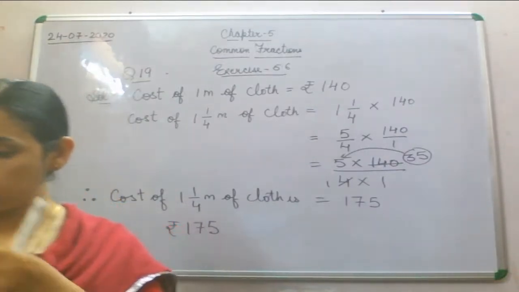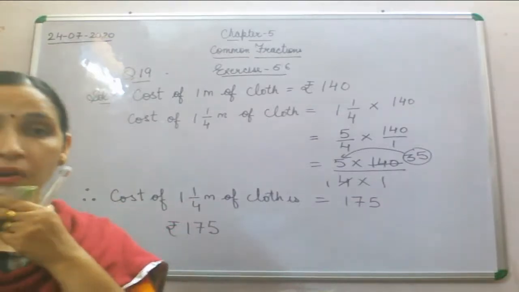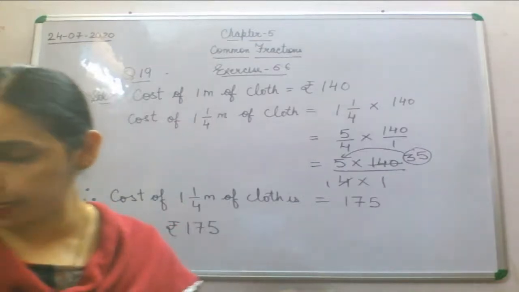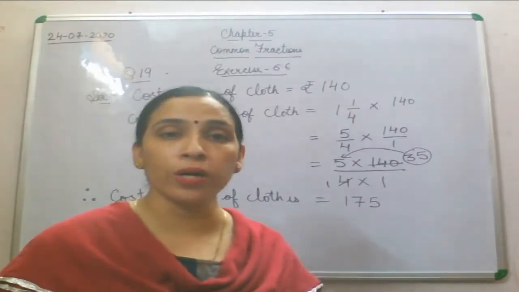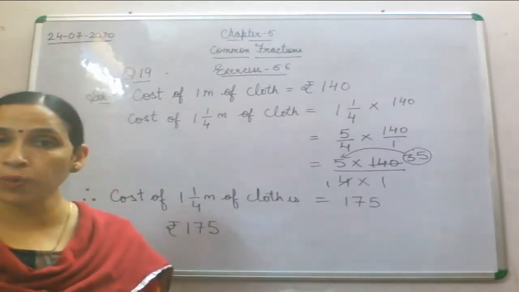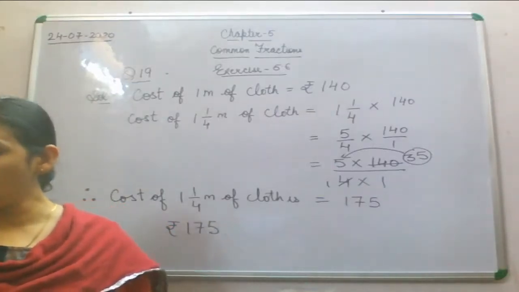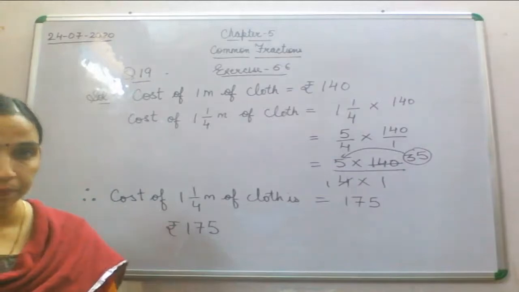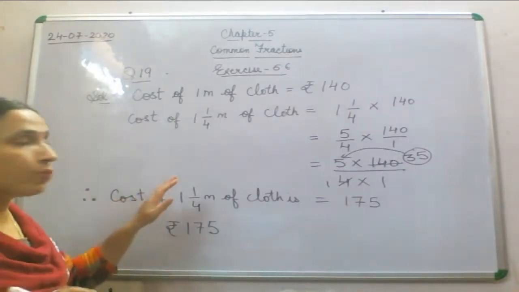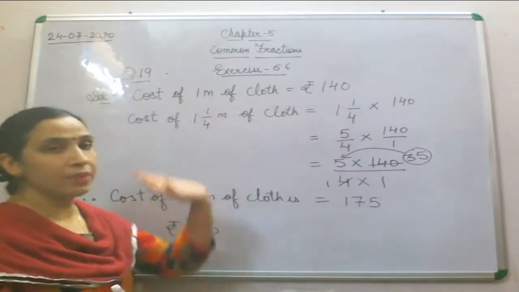What is the question? That the cost of 1 meter of cloth is given to you, that is rupees 140. Then Reshma bought 1 by 4 meter of cloth. Now what did she pay for it? So what have you been given? You have been given the cost of 1 meter of cloth.